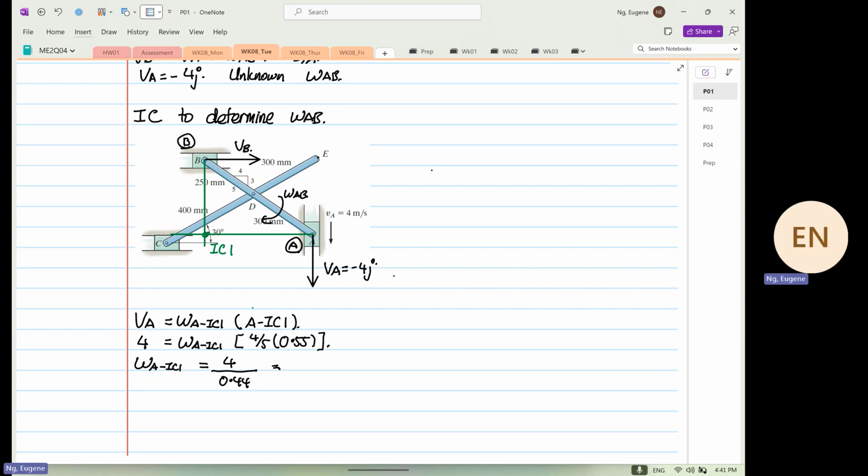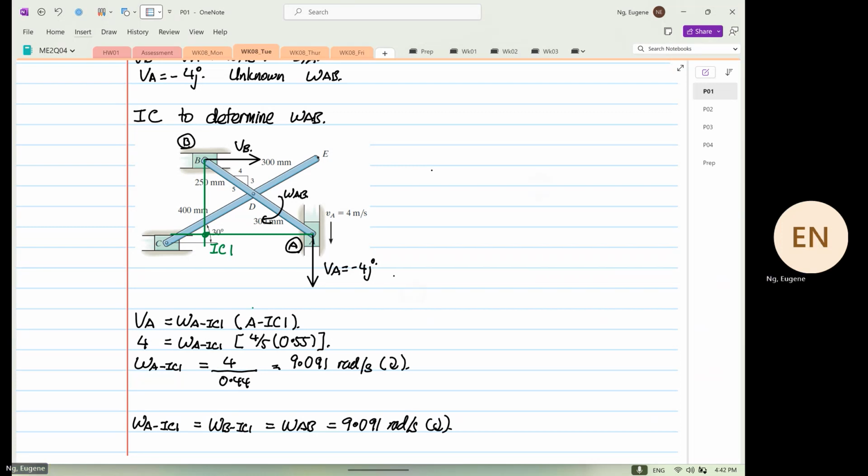So we identify this as 4 divided by 0.44, 9.091 radians per second, and it is going in a clockwise direction. So we know that omega A IC1 is equal to omega B IC1, and this is equal to omega AB. So this will be equal to 9.091 radians per second in a clockwise orientation.